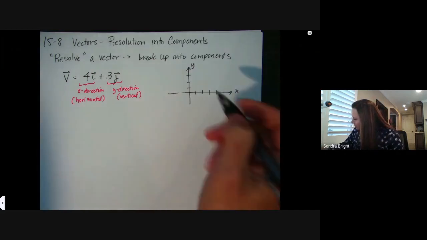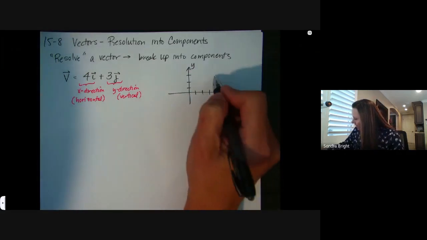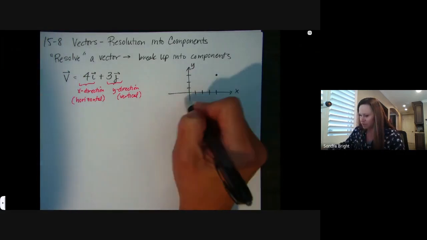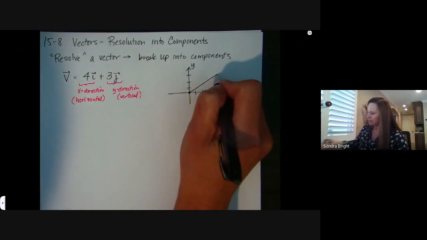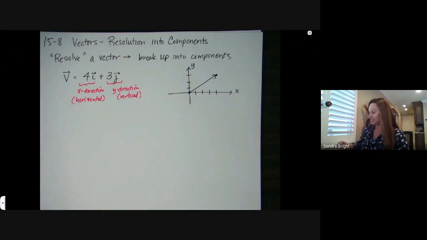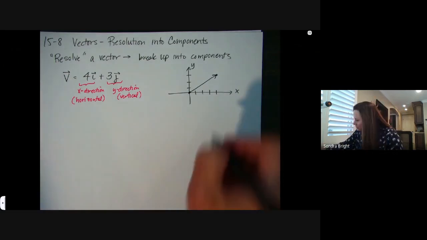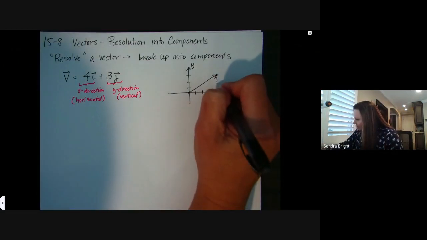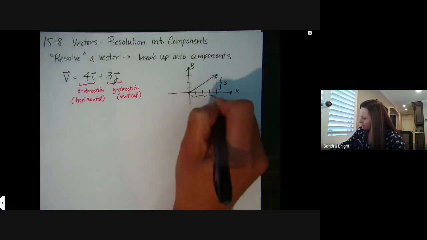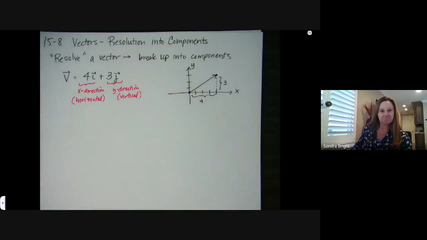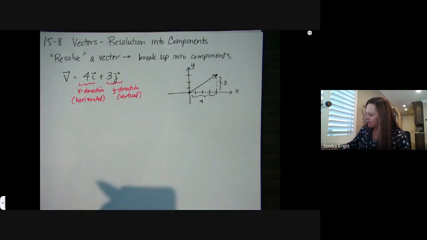And that means it would have gone 4 to the right, up 3, and it would have stopped there, starting at the origin. Yeah, that's what that means. If you drop the perpendicular down, this is 3 units, and then this is 4 units. Yeah, that's all that is.